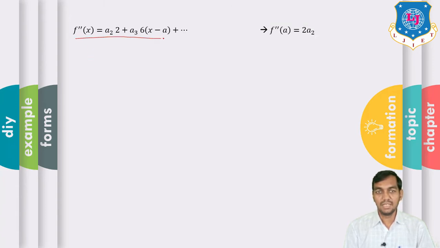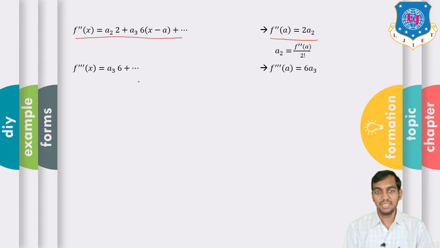In the same manner, f double dash x is going to be a2 into 2 plus a3 into 6 (x minus a) plus a4 into 12 (x minus a) square and so on. If we put the value x is equal to a, then we get f double dash a is equal to 2a2, and that will give a2 is equal to f double dash of a upon 2 factorial.